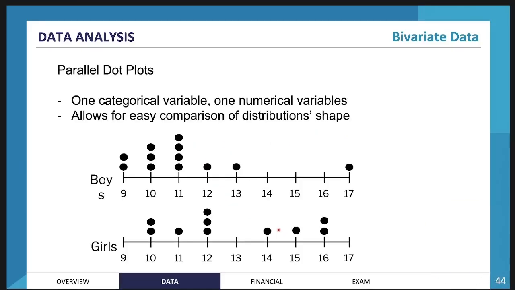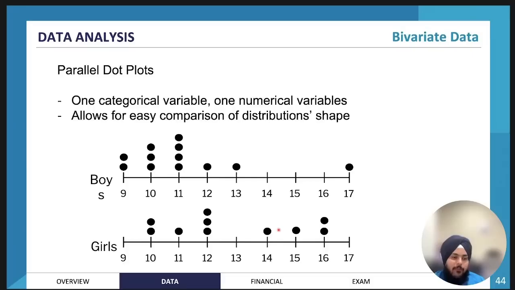Next, we have parallel box plots. Parallel box plots have one categorical variable and one numerical variable, so they are really good for comparing the distribution of two different variables.